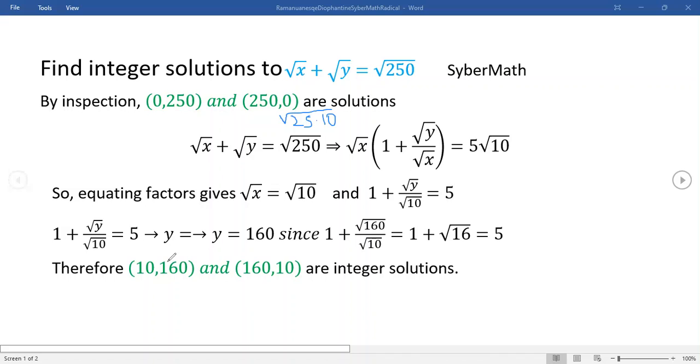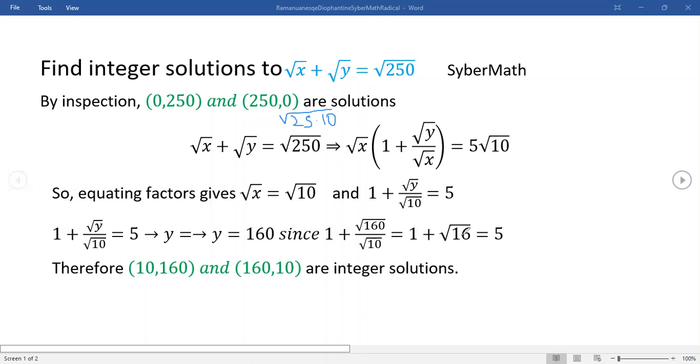Well, we already know that root x is equal to root 10, and so we already know this piece right here is 10, and so we get that y is equal to 160 just by inspecting this expression right here. 160 divided by 10 is 16, and the square root of 16 is 4, right? So we get 5.